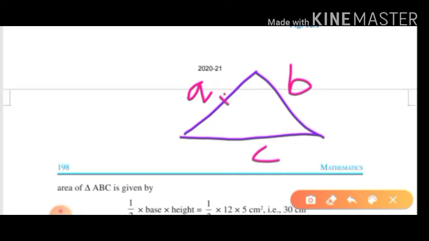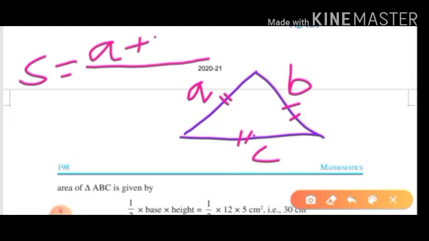Here if you take this as A, this as B and this as C, you need to find the value of S, which is the semi perimeter. We know the perimeter is A plus B plus C, adding all the sides, and divided by 2 you will get the semi perimeter. That means half of the perimeter is the semi perimeter.